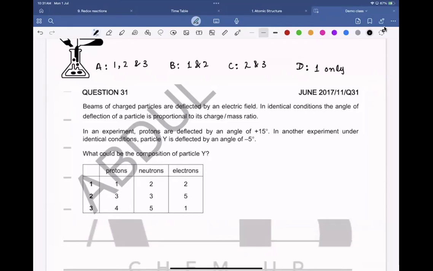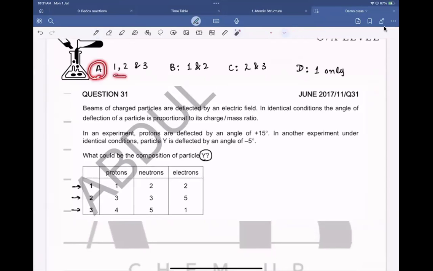So for particle Y, you have to identify the composition of particle Y. If you choose A as the correct option, then it means that particle Y has a composition which is provided in statements 1, 2, and 3. Now, did you understand?